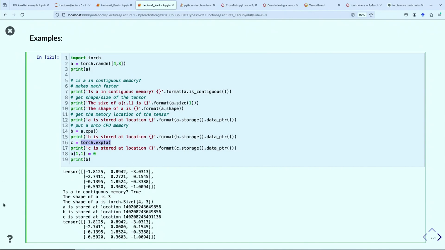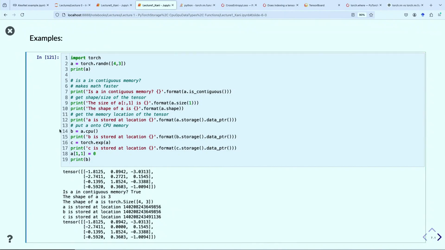Good. And also remember that B is actually a view of A. We know this because the two data pointers are exactly the same. Since they're exactly the same, when we said B is equal to A.cpu, it didn't allocate new memory. Instead, PyTorch said, do we really need to allocate new memory?